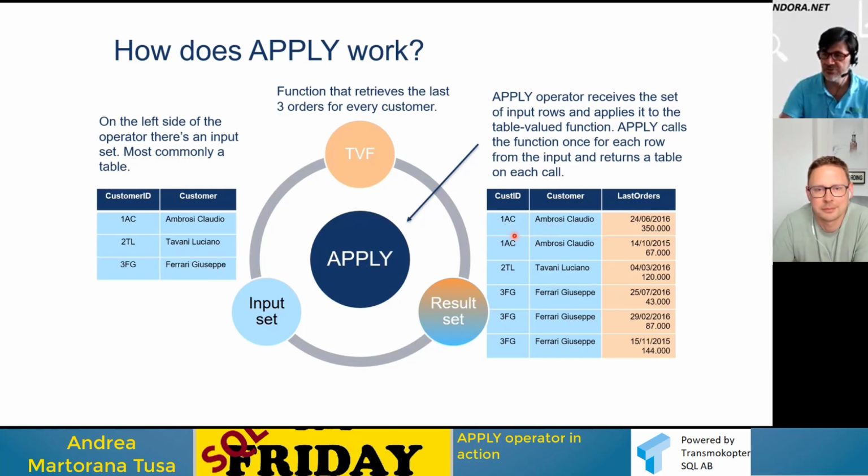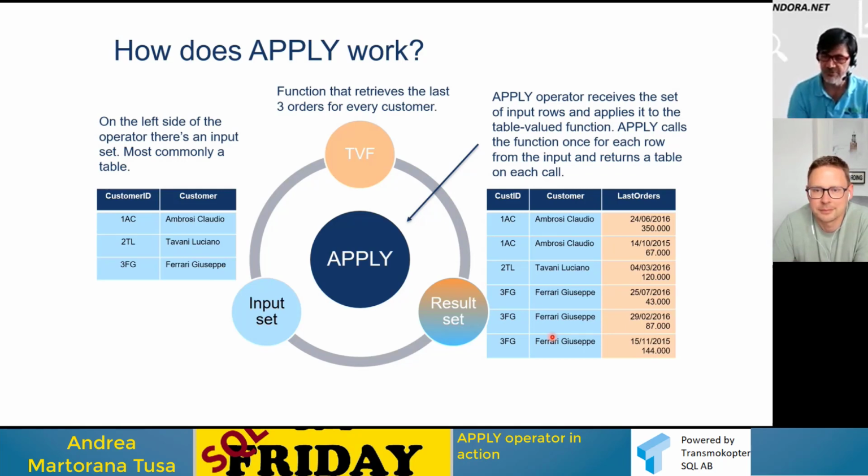So the output is not one-to-one, but as many rows as you can find using the function. For the first customer, I have 2 rows. For the second customer, I have 1 row, and for the third customer, I have 3 rows, because this is the max that I put as an upper cap.